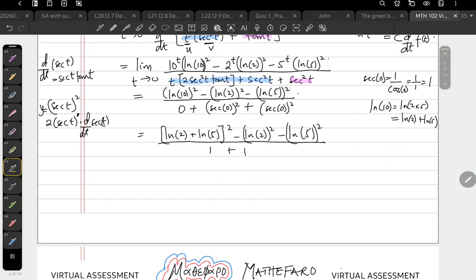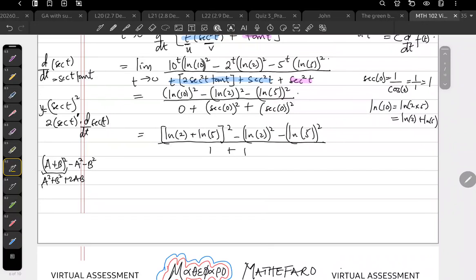We are getting there. When you look at that numerator, you see that if we let ln 2 be a and ln 5 be b, this is (a plus b) squared minus a squared minus b squared. But what is (a plus b) squared? That is a squared plus b squared plus 2ab.